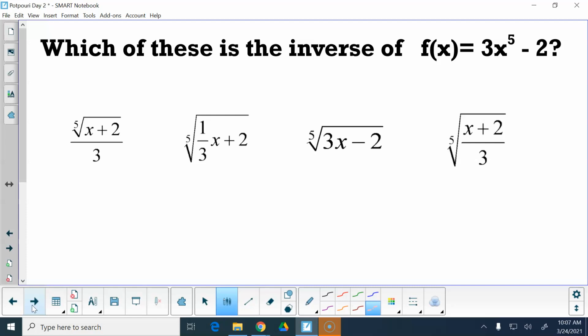You tell me which one of those four is the inverse of f of x. So find me the inverse of f of x and tell me which one it is.